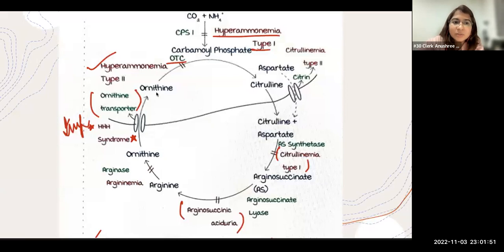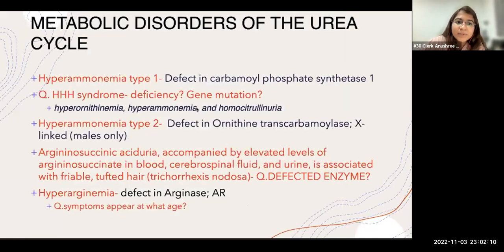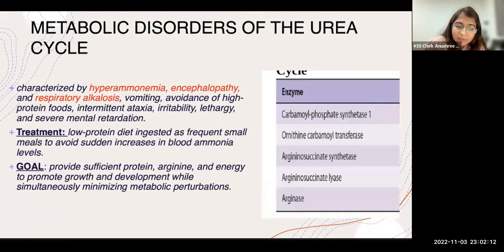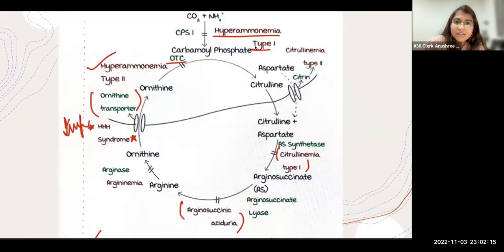So carbamyl phosphate is there, but it cannot combine with ornithine to give us citrulline. So carbamyl phosphate levels will start rising because it does not have anything to combine with. Hence we get hyperammonemia, because carbamyl phosphate is still a toxic product. It has not been stabilized yet.